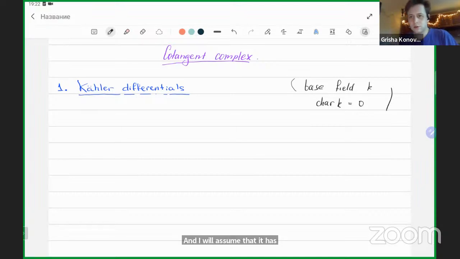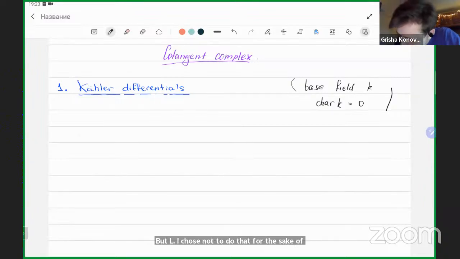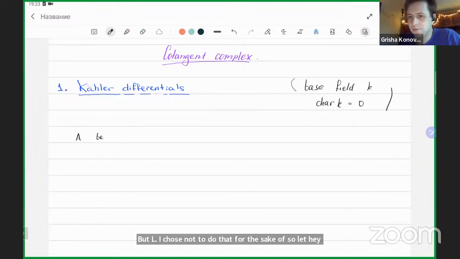It's possible to do all the stuff I'm going to talk about today in a characteristic independent way, but I chose not to do that for the sake of simplicity. So let A be a commutative K algebra, a discrete commutative K algebra.